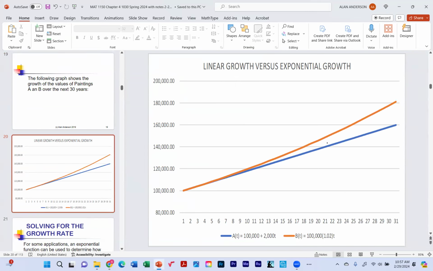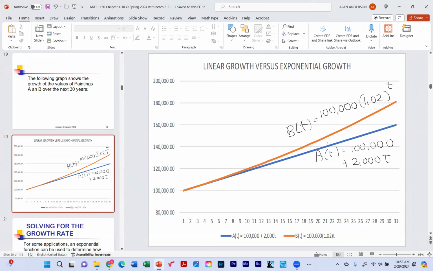This is our linear function. This is our exponential function. And so you can see what's happening is that over time, B is growing more quickly than A. And after a while, the difference between the two will be quite considerable.